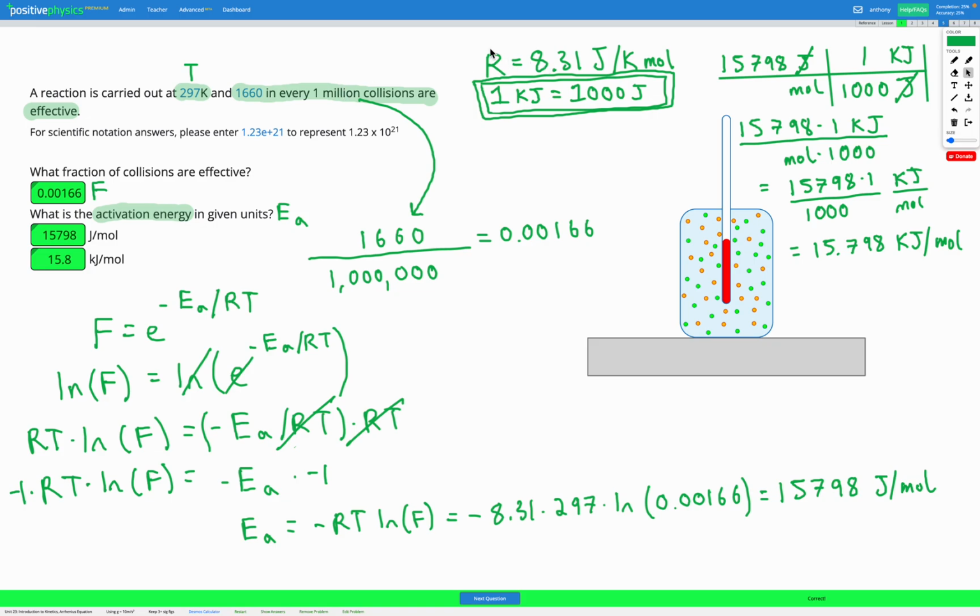And remember, R is in joules per Kelvin mole, which means the activation energy we calculated was in joules per mole. So to get our final activation energy in kilojoules per mole, we then had to do a conversion. So there's quite a few steps here. Just make sure that before you use this equation, everything's in units of joules, moles, and Kelvin, and that F is our fraction of collisions that are effective.